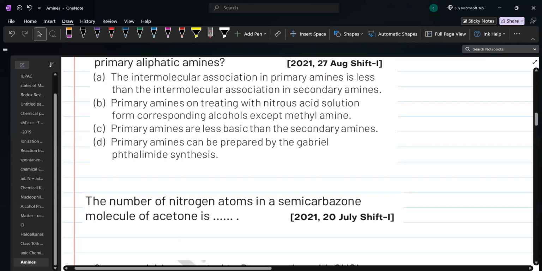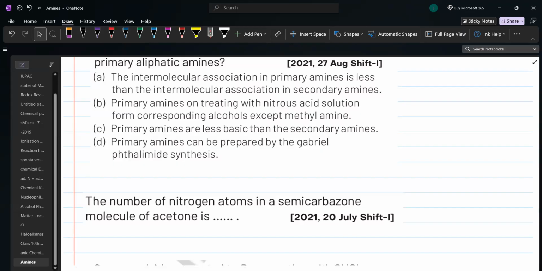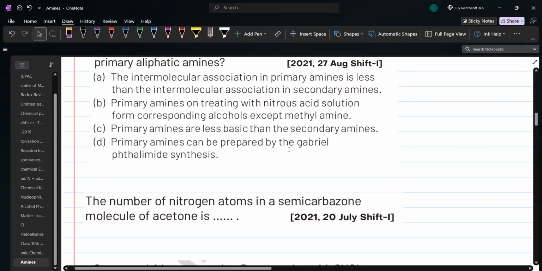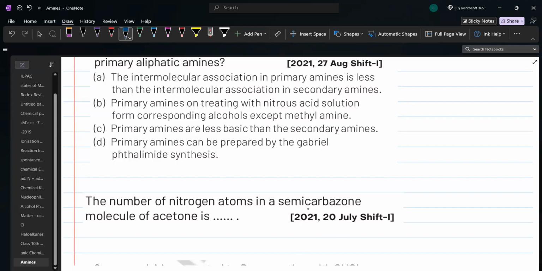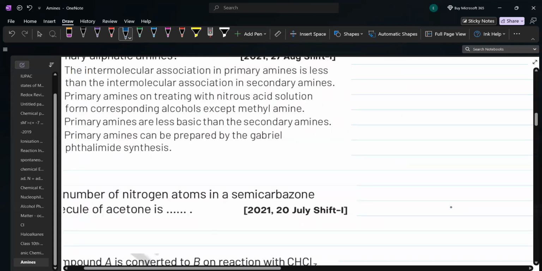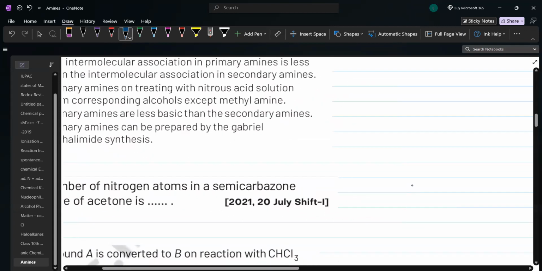So this is semicarbazone, na? You may not know semicarbazone. No, sir. So actually, because this word is mentioned in NCERT, that is why they have asked this question about semicarbazone.